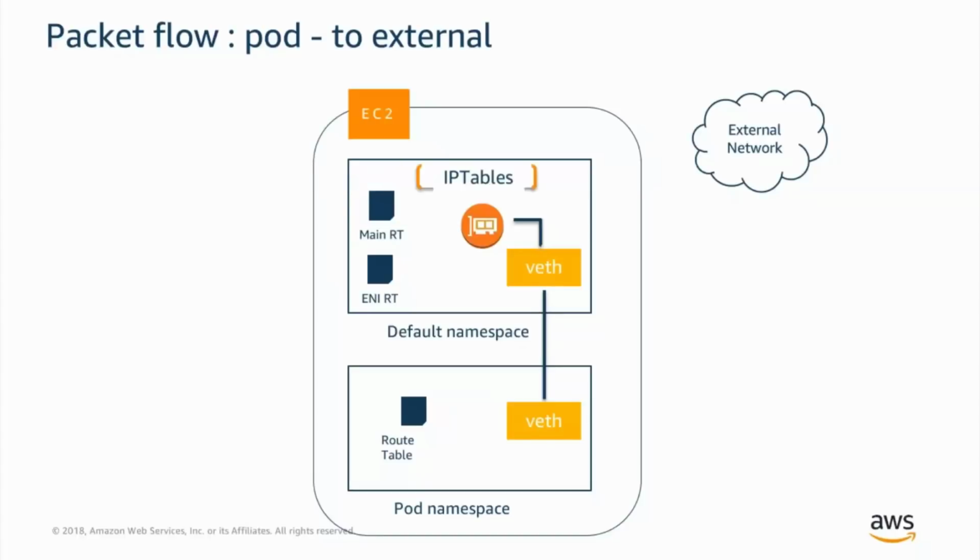The plugin will create an iptables SNAT rule using the primary IP address of the ENI, which is then forwarded to the VPC's internet gateway in the case of external network communication like the internet, or it gets routed to the VPN gateway in terms of VPN or Direct Connect communication.